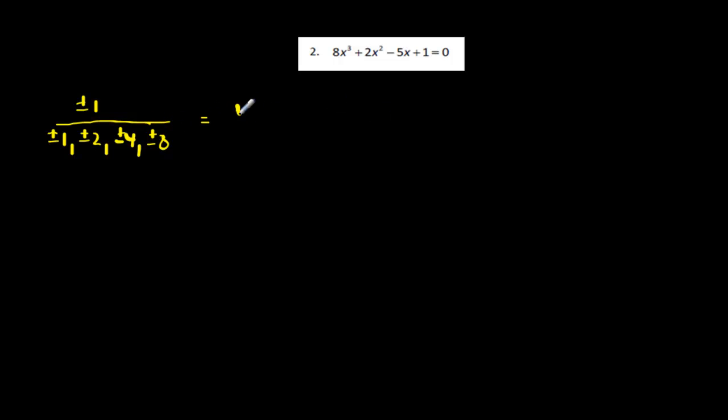So that's going to give me possibilities of 1, positive and negative 1/2, positive and negative 1/4, and positive and negative 1/8, because we want to look at it as 1 divided by 1, 1 divided by 2, 1 divided by 4, 1 divided by 8, with all the positives and negatives. So those are all of my possible rational roots.